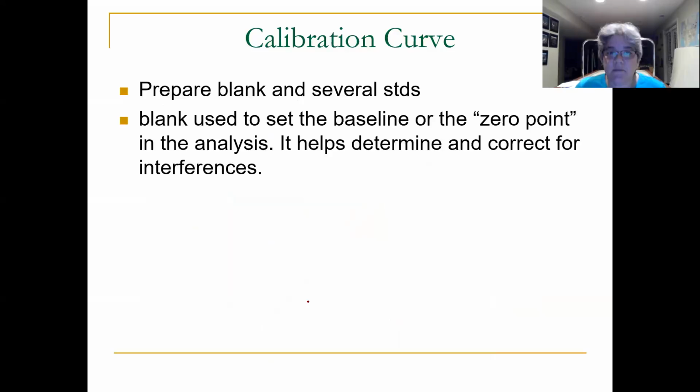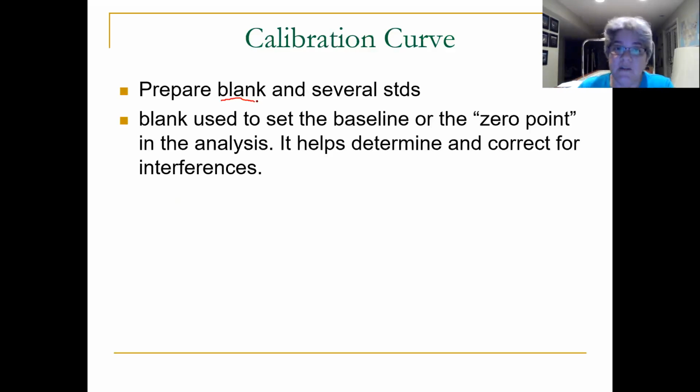And in chapter 1, we said, okay, the first thing I have to do is make a blank, and then I make several standards. Now remember, what's a blank? The blank is the thing that contains all the same things as your standards, but no analyte. Remember, the concentration of the analyte in the blank is 0.